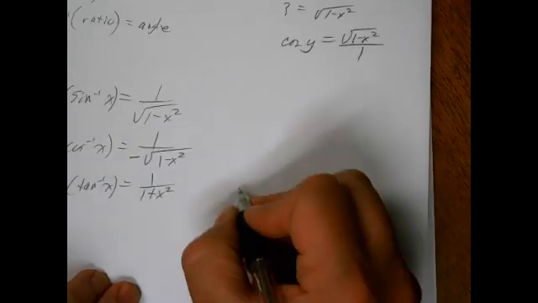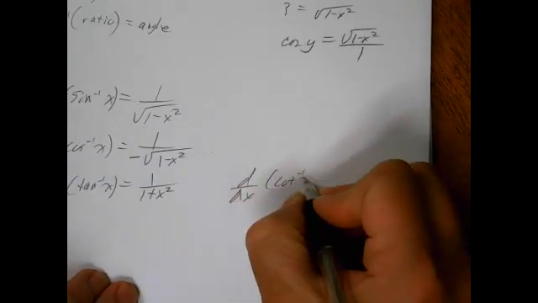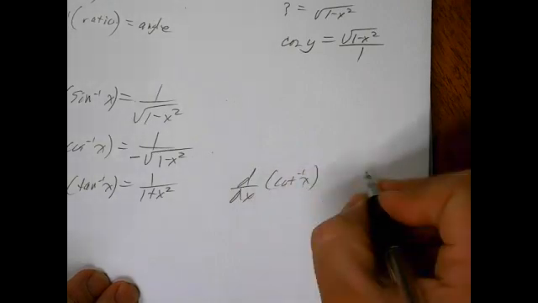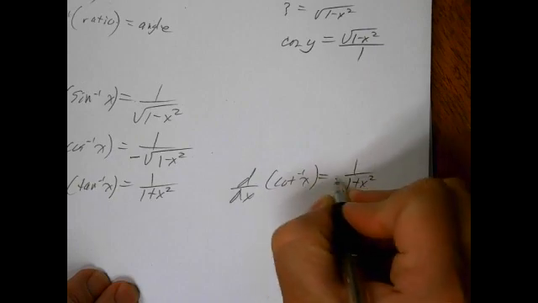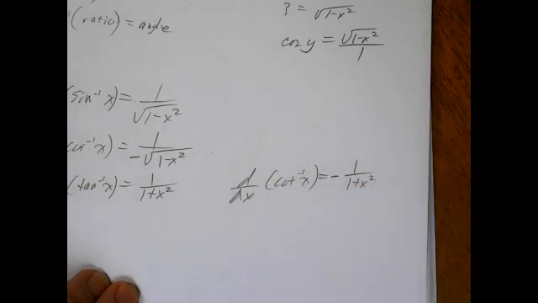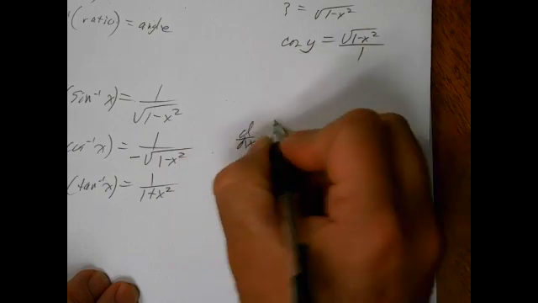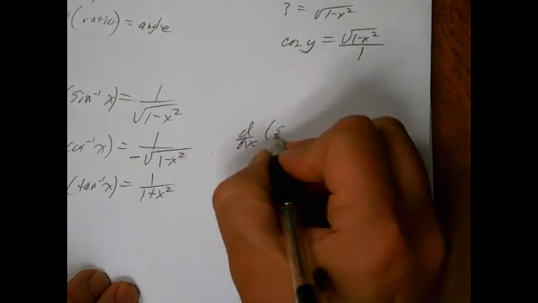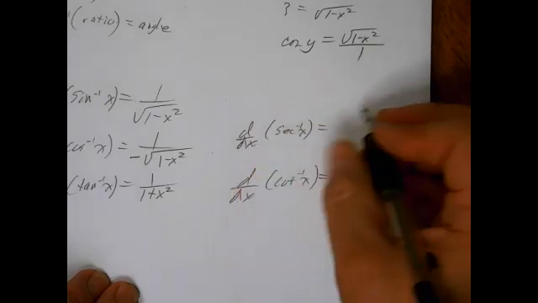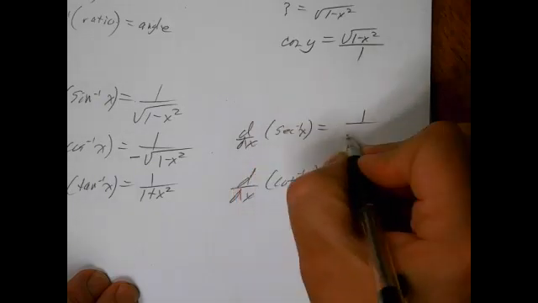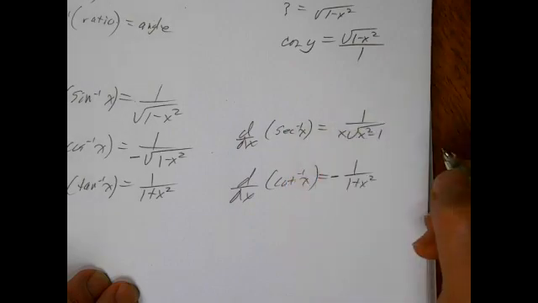The derivative with respect to x of the inverse cotangent is still the 1 over 1 plus x squared, but as I sort of hinted, it's got the negative out front. The derivative with respect to x of the arcsecant is going to be 1 over x times the square root of x squared minus 1.